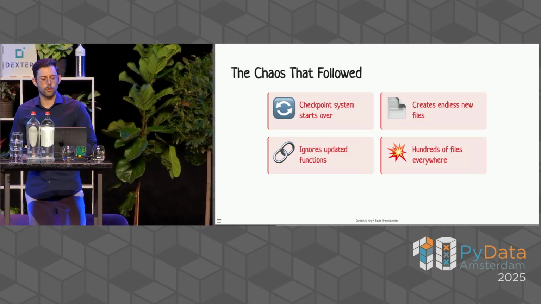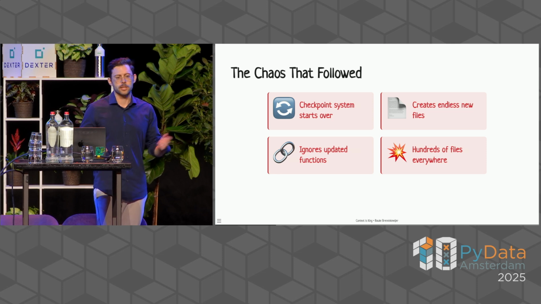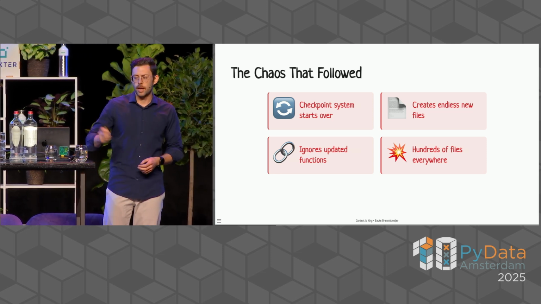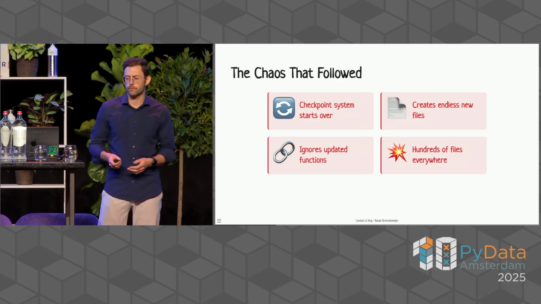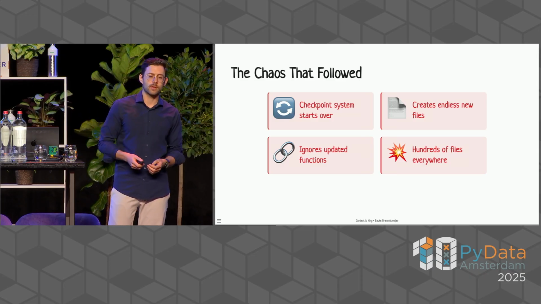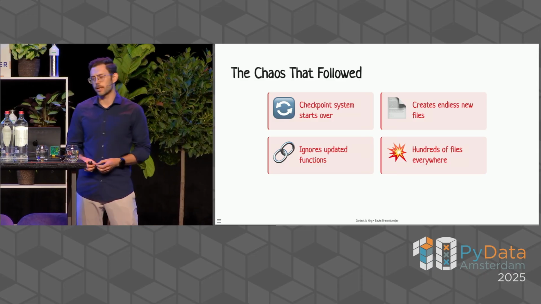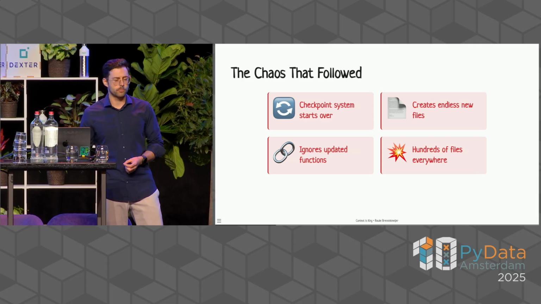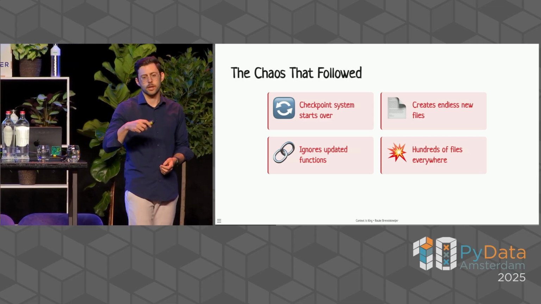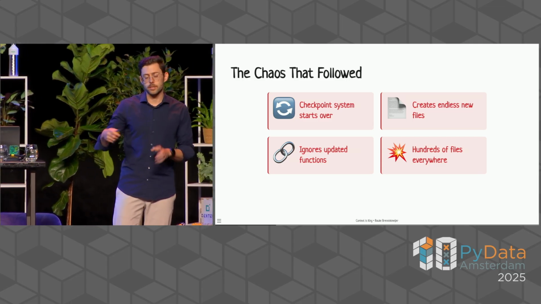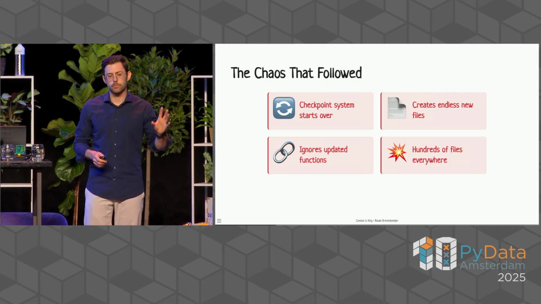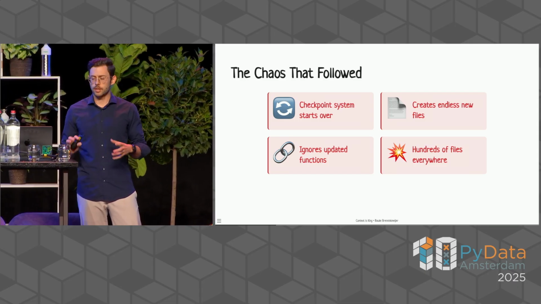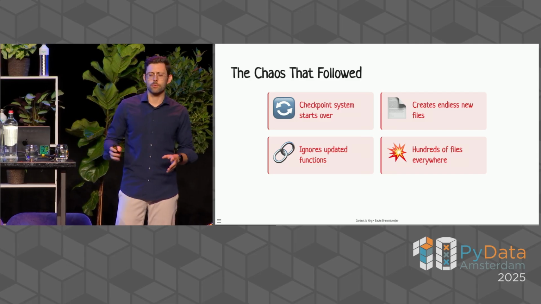So the chaos that followed had an endless list of issues, but among others, I had a checkpoint system that would start over after it had finished, so I have done every experiment about 10 times before I realized that this was happening. It ignored updated features, so it would update a function, and then I would ask it to change something again, and then it would redo the whole thing, ignoring the previous updates. It would create an endless list of files, so I think everyone is familiar with this.